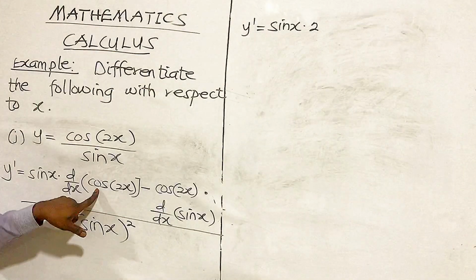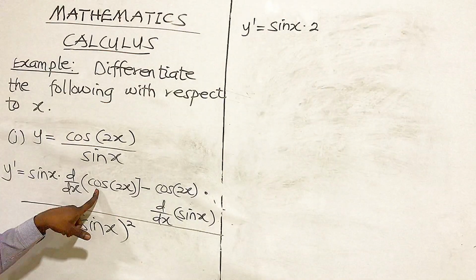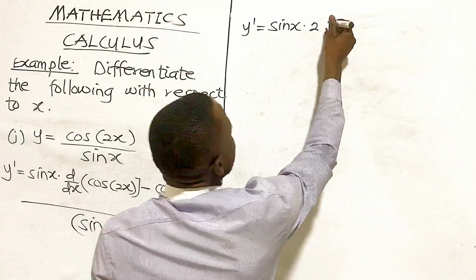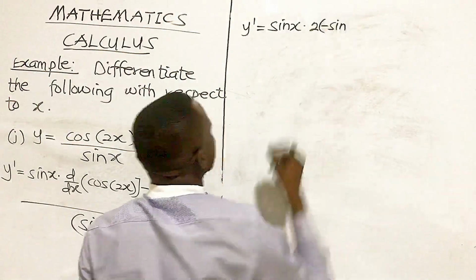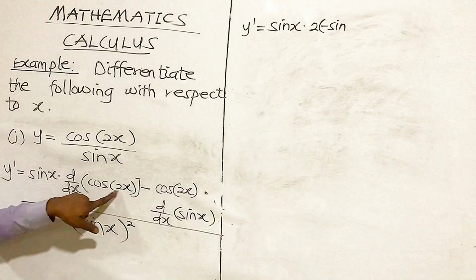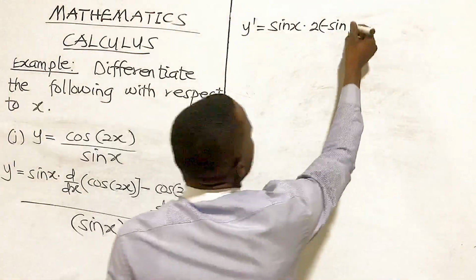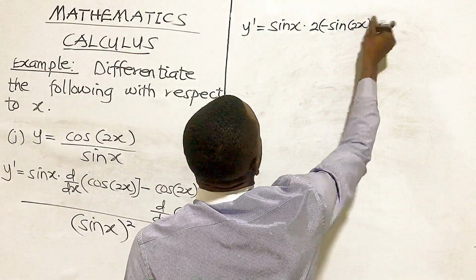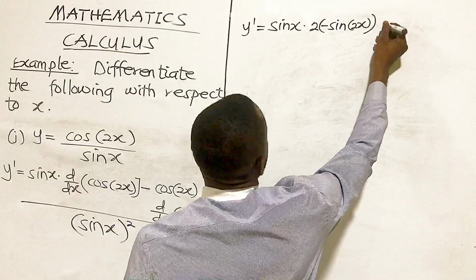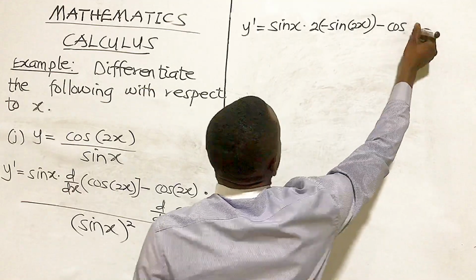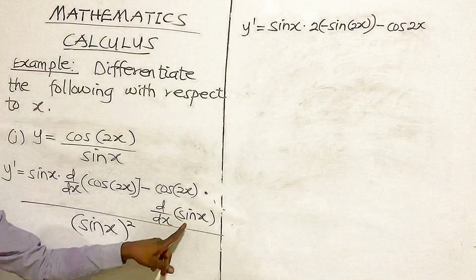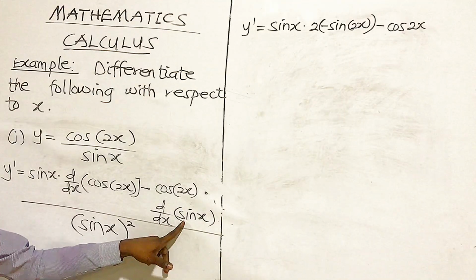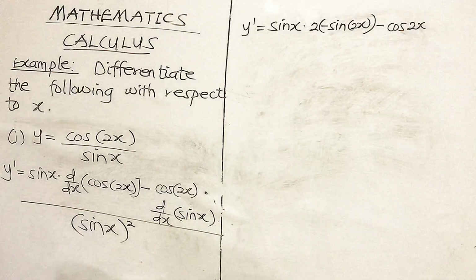Then we now differentiate the cos itself, and that is negative sine of the function we have, so of 2x, minus cos 2x that we have here, also multiplying the differential of sine.